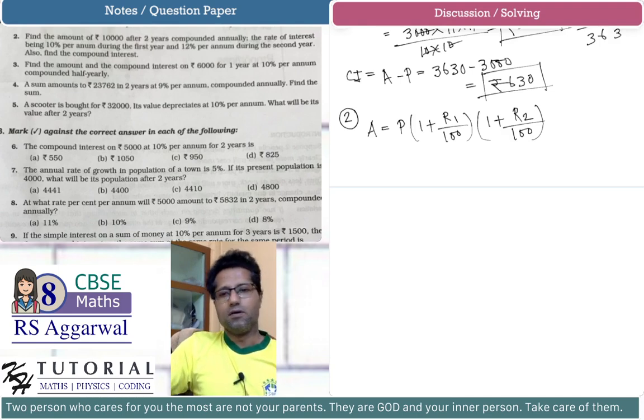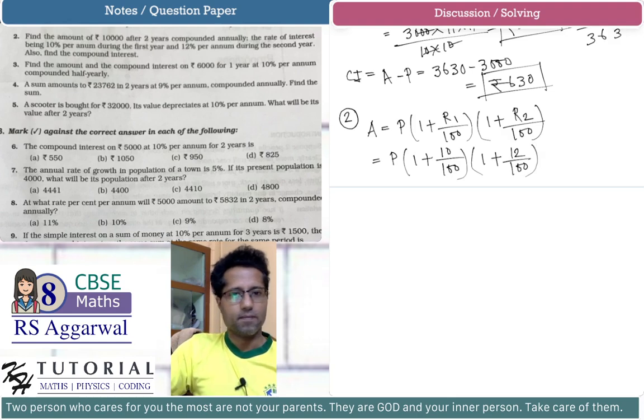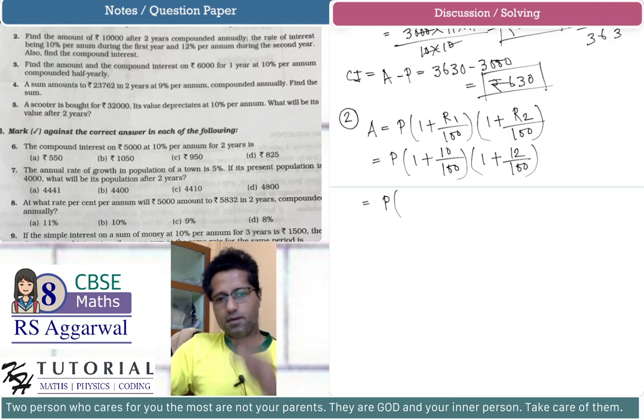Okay. So in this formula, we can directly put the values. So let's first put the values of the rate of interest. In the first year, the rate is 10, so R1 is 10 and R2 is 12. So this becomes P multiplied by (1 plus 10 by 100).